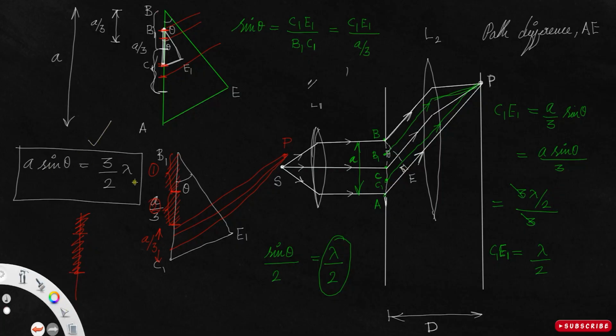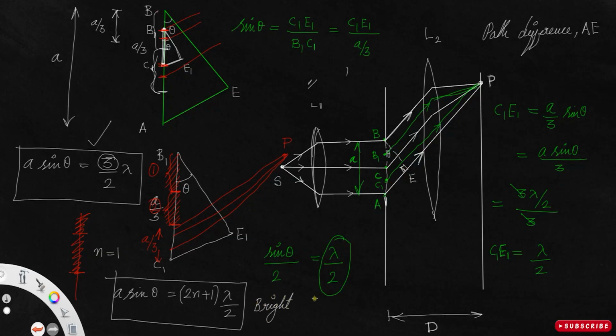It's this one, A sin theta equal to 3 by 2 lambda, or generally you can write A sin theta is equal to (2n plus 1) lambda by 2. To get 3, we have n equal to 1. When n equals 1, it is 3 lambda by 2. When n equals 2, 3, etc., this is the general case. So this is the condition for the bright fringe.